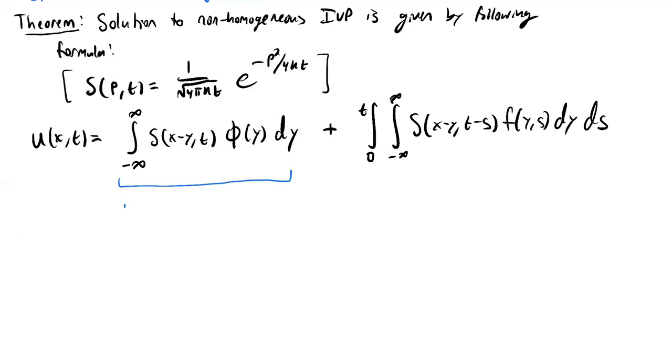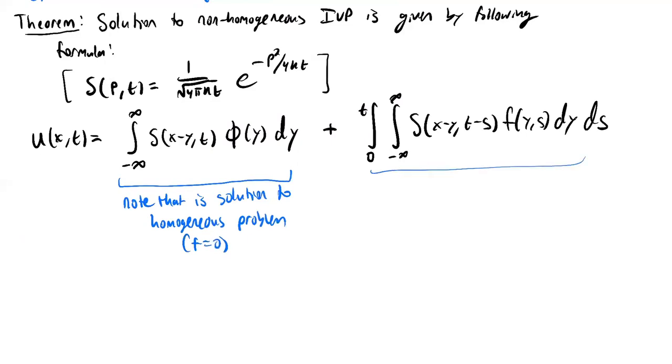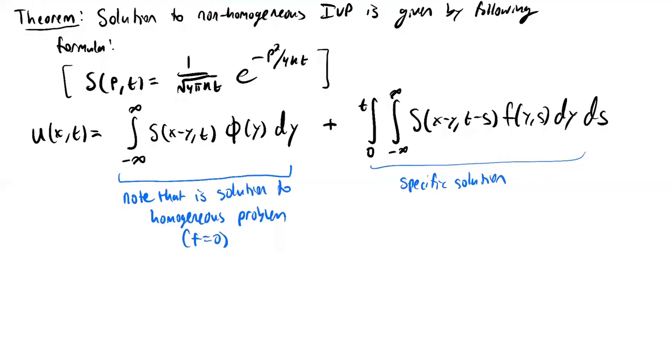So note that this is the solution to the homogeneous problem when f is equal to 0. And then this is a specific solution to the non-homogeneous problem, which we're adding on, written in an abstract form.